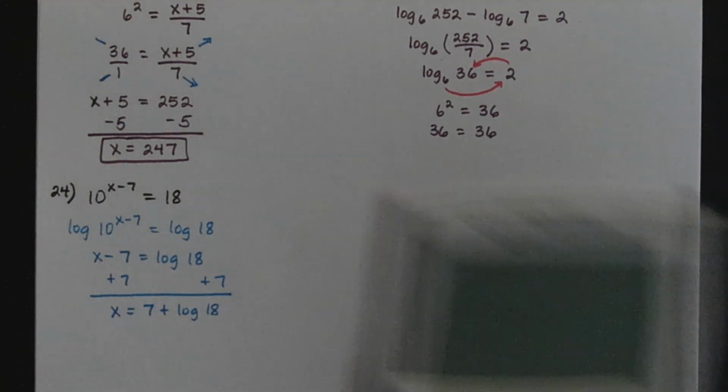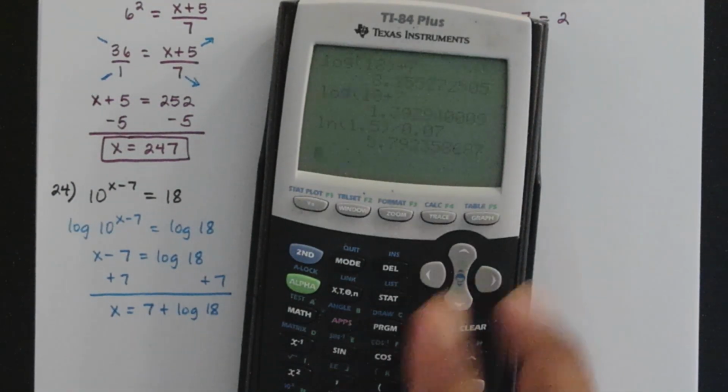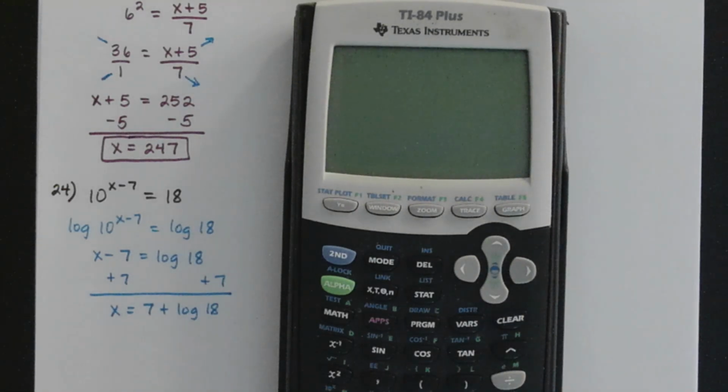But let me warn you, when you enter this in the calculator, if you choose to put the log in first and then you type in 18, you want to make sure that you close your parentheses because you're only taking the log of 18. And then whatever that is, you'll add 7 to it. Okay? Or you can do like I have up here, type in the 7 and then plus log 18, close parentheses.